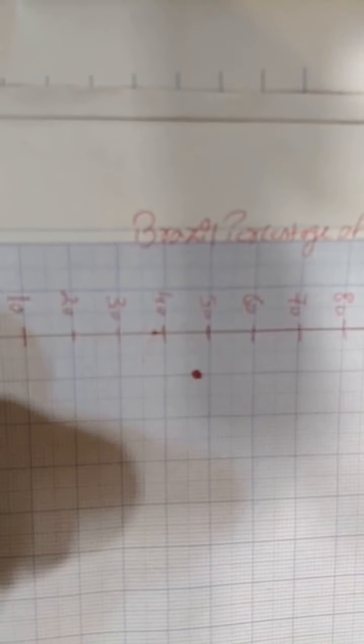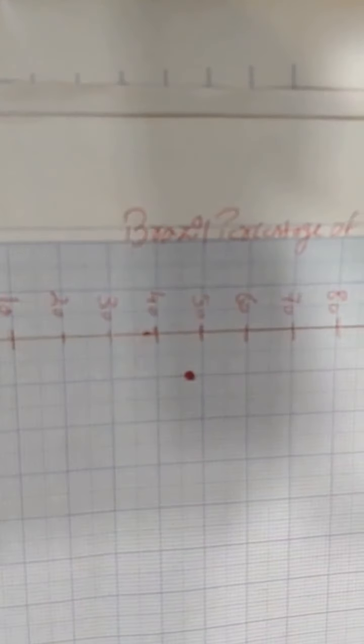Let us come to the next point, somewhere around here, by leaving one box. It is your 1970, and for 1970 the value is around 56.8, somewhere around here.